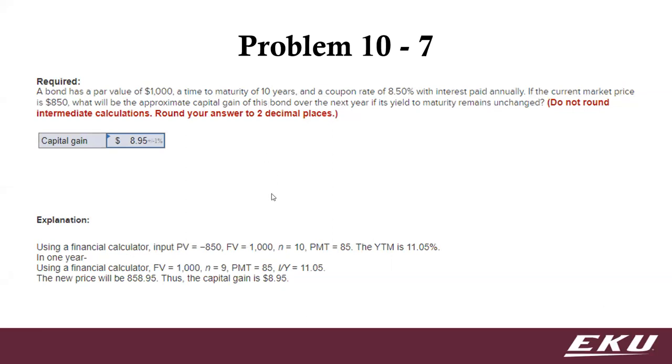We're going to do the same thing, place those in to solve what the yield to maturity is, but then holding that yield to maturity constant, calculating what the new price would need to be after 1 year, right? And we'll go from 10 to 9, right? And so we can see what the new price is, and then that difference in price, from 850 to 895, is the capital gain, right? The rest of it was off of the coupon payments.